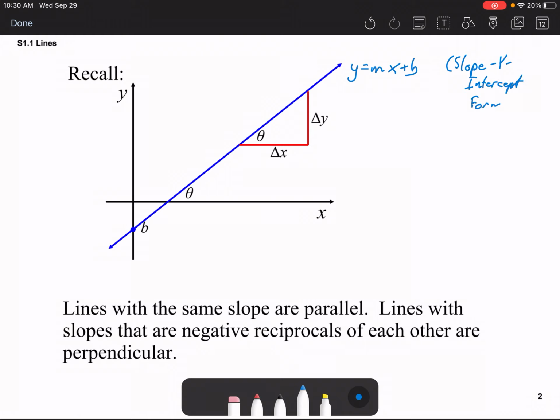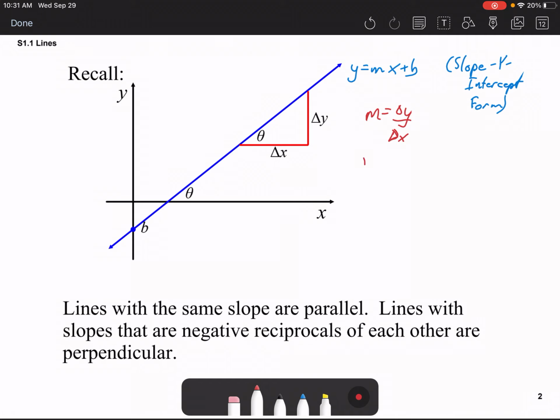But realize that the form isn't always going to be slope y-intercept form. To calculate your slope, again, you can use rise over run. So change in y over change in x, or rise over run.